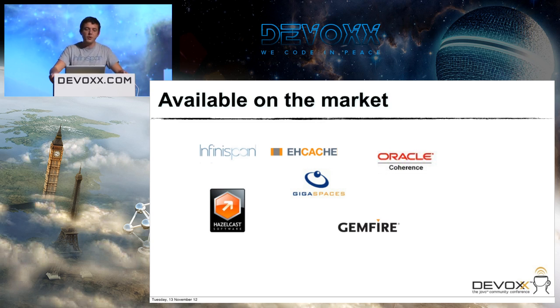There are some open source solutions such as Infinispan, EHCache, Hazelcast, and some commercial solutions: Coherence, Gigaspaces, GemFire. As a side note, Red Hat has professional support for Infinispan that has been around for a few months now. It's called JBoss Data Grid, JDG.